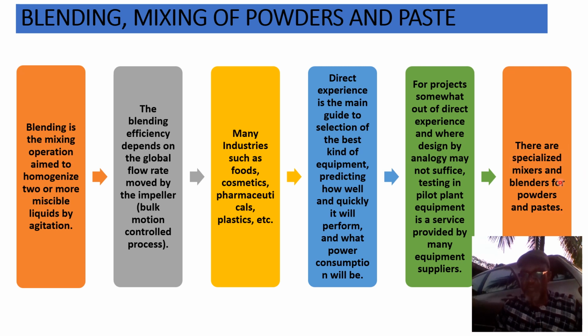There are specialized mixers and blenders for powders and pastes. If you check your material, we've been able to list different types of blenders and mixers for different types of pastes. Remember that most of those pastes will eventually be more viscous, that is, high viscosity. So you need to use blenders that are strong enough to be able to carry out the mixing operation.